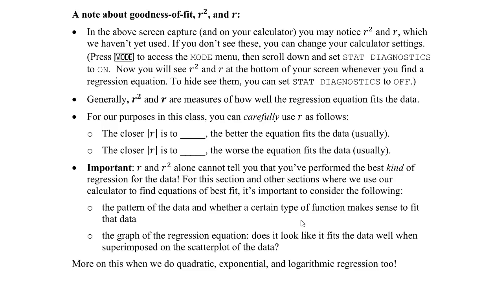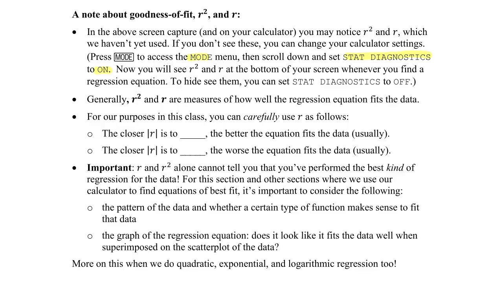If your calculator is not displaying them and you'd like it to, you can go into the mode screen, scroll down and find stat diagnostics, and turn it on. Now, if your calculator is displaying R squared and R and you don't want it to, you can also turn stat diagnostics off. In general, R squared and R are measures of how well the regression equation fits the data.